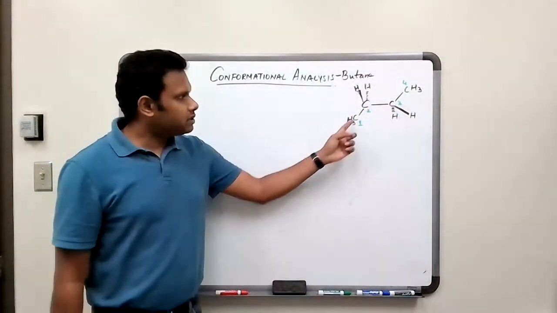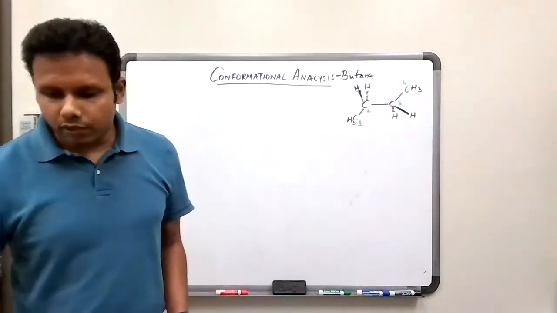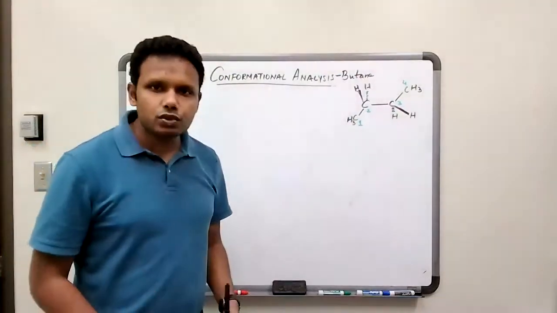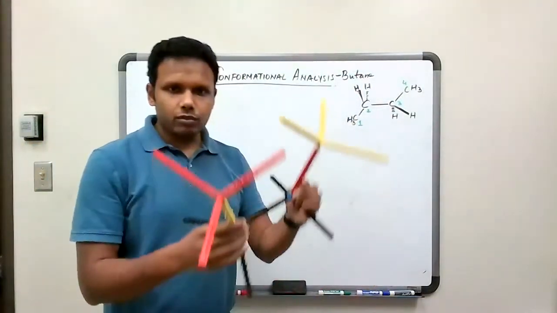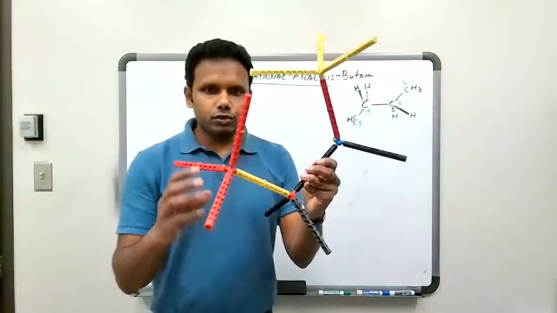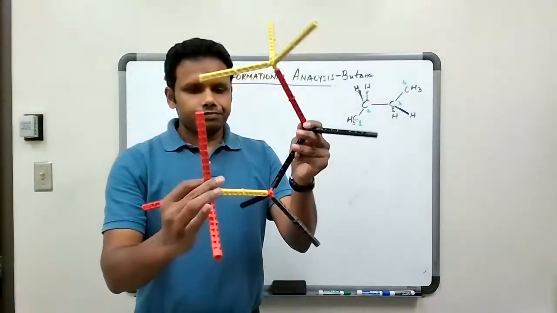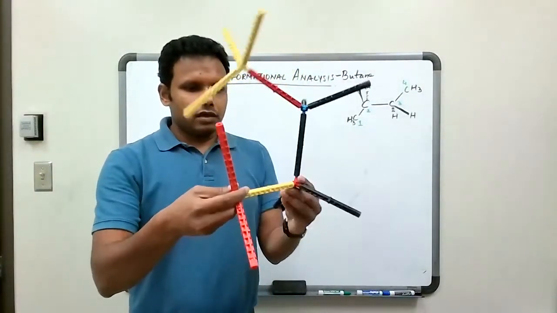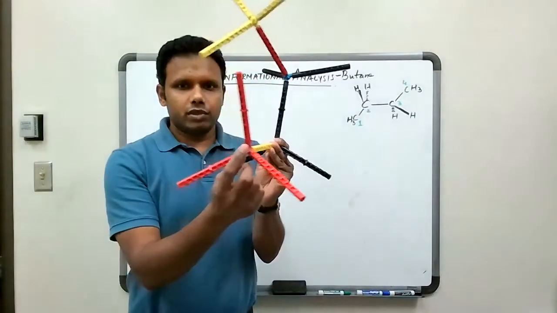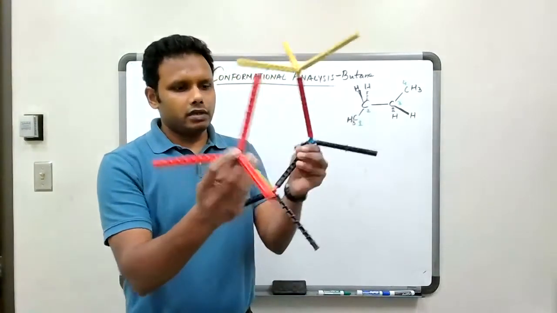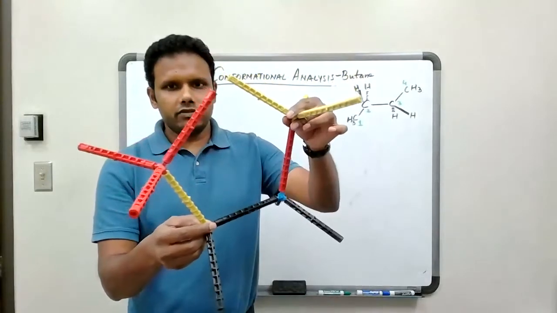Now, what happens if we did a conformation analysis about the C1, C2 bond or the C3, C4 bond? So I have a model for butane here, and let's just imagine that this here is my C1, okay, in red, C2, C3, and C4, okay?